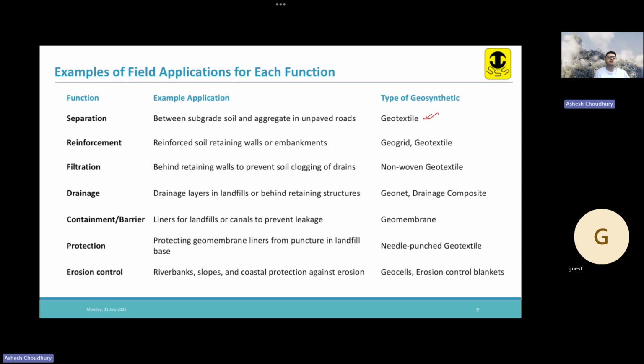For that, what I suggest: this initial, introduction part doesn't have any math or stuff, right? So it tends to become a little bit boring, so I did not want to show everything here. What I suggest is that you please go through the book Designing with Geosynthetics by Robert M. Koerner that I already suggested in the initial slide.